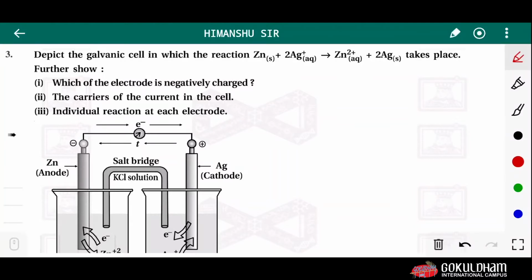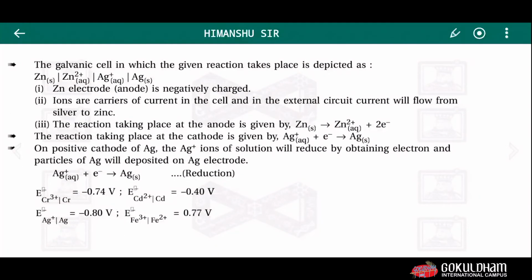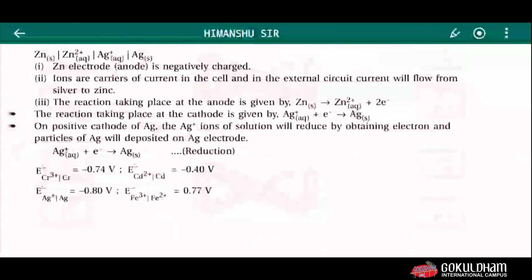Zinc is converted into Zn2+, so the equation becomes Zn gives Zn2+ plus 2 electrons. The other is silver, which undergoes a reduction process, so the equation becomes Ag+ plus an electron gives Ag metal. You can see the examples in detail below.